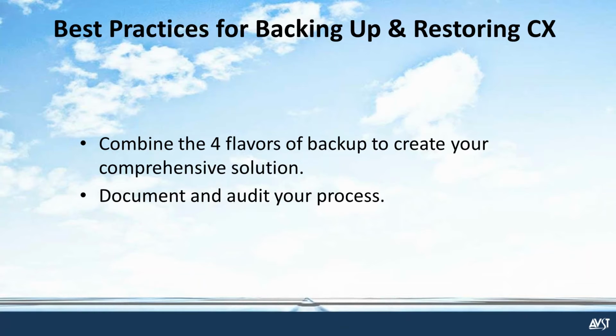Combine the different flavors here to pick the one that best suits your enterprise, remembering that a couple of these, or three of them, can happen automatically and need to be set up just once. So definitely pick at least two of the four. I would do an archive and the online, definitely.